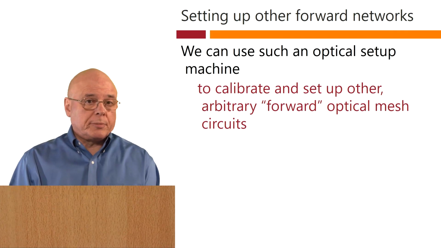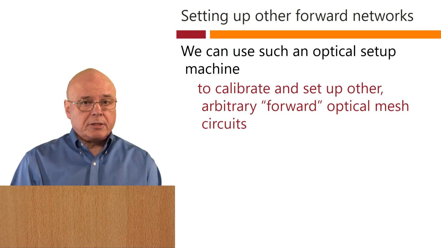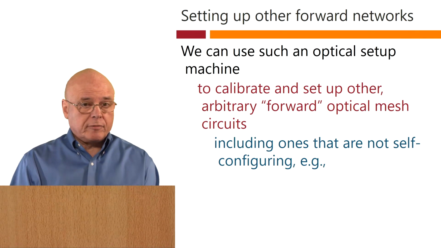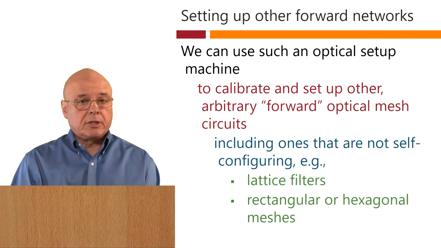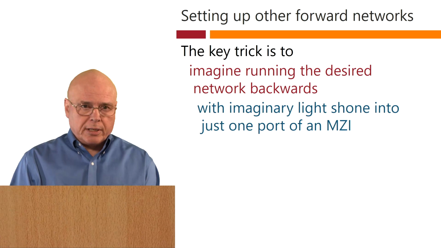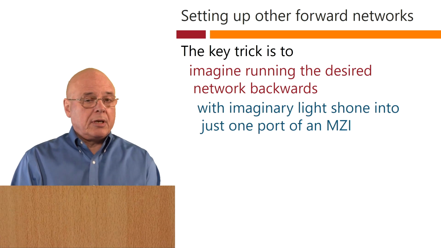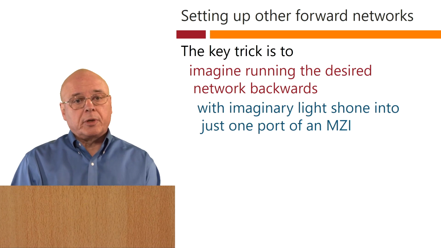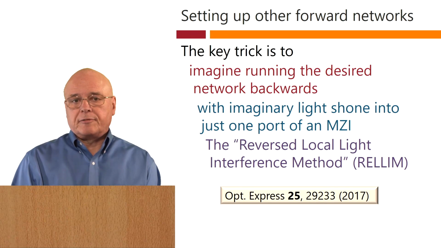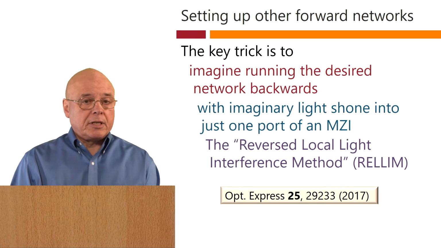We can use such an optical setup machine to calibrate and set up other arbitrary forward optical mesh circuits, including ones that are not self-configuring, such as lattice filters and rectangular or hexagonal meshes. The key trick is to imagine running the desired network backwards with imaginary light shone into just one port of a Mach-Zehnder interferometer. This is called the reversed local light interference method, and it's given in this paper.